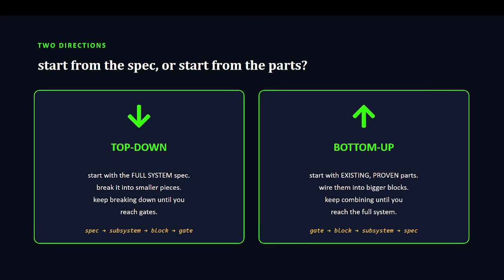Gate, then block, then subsystem, and then finally the full specification emerges as a byproduct of combining everything. You start specific and get progressively broader. Same four checkpoints, both directions, just opposite arrows, and that's generally the entire concept in one sentence. Everything else today is just detail and example.